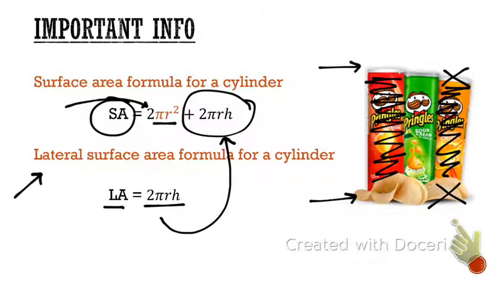So when we're doing our problems, you just need to be careful and notice, is it asking for the surface area or the lateral surface area? The surface area is always going to include the top and the bottom, but the lateral surface area is just the distance around the object.